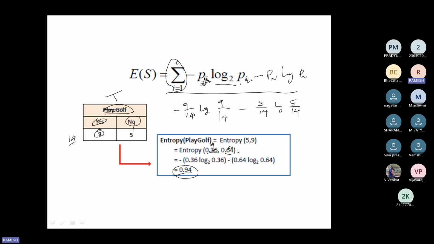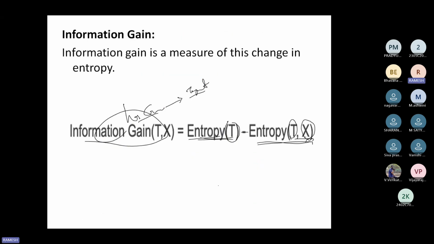Now this part is completed. Information gain we should calculate for each and every column. The entropy of the target variable is done.